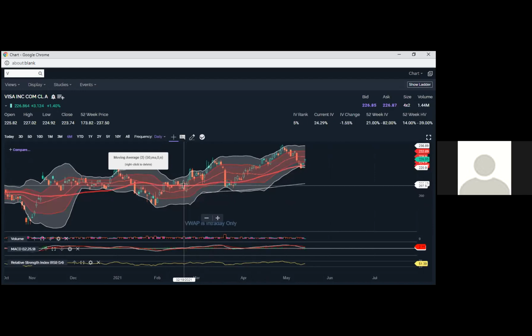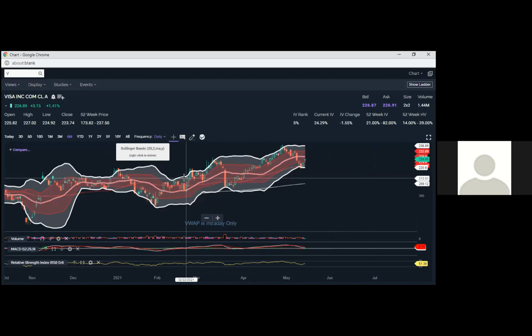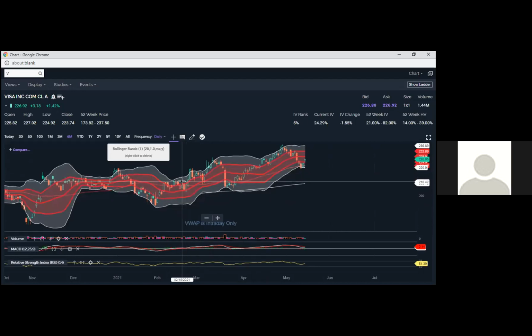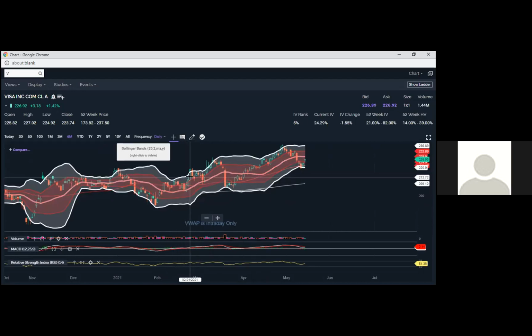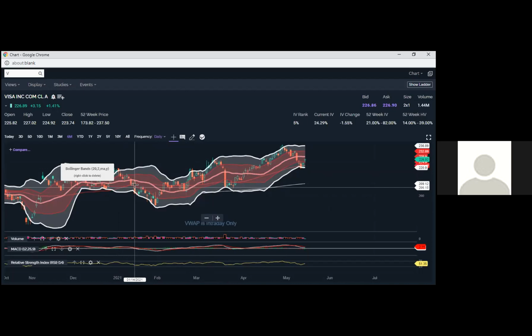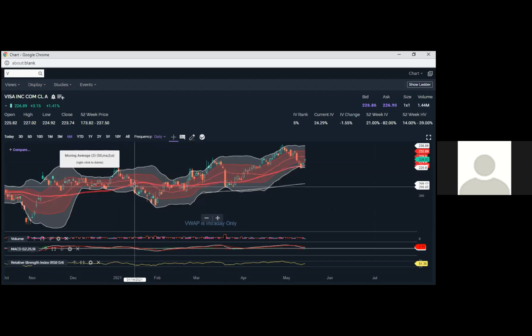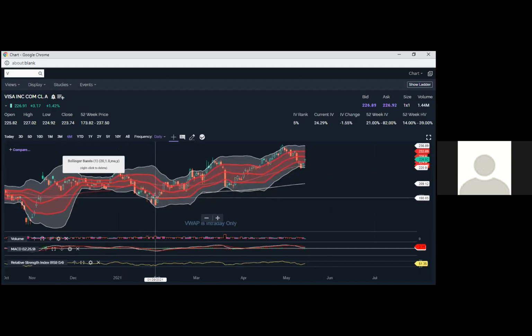Anything that trades in between the top of the 1 standard deviation and the 2 standard deviation is considered bullish. So we see here, it's trading in between. That's bullish. Whenever it trades between the bottom of the 1 standard deviation and the 2 standard deviation, it's considered bearish. And that helps you identify the trend.